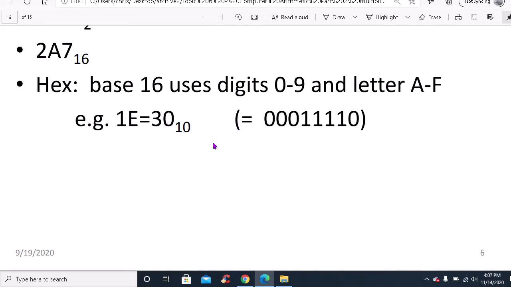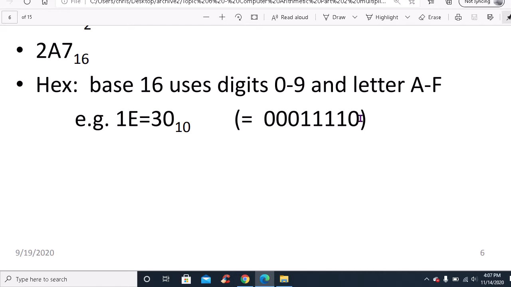And the actual binary equivalent to 1e is 0001, so that's the first 4 bits representing 1, plus the binary number for e, which I've already said can be represented by 1110. 1110 is equivalent to E in hexadecimal.